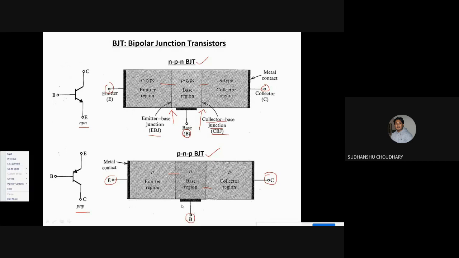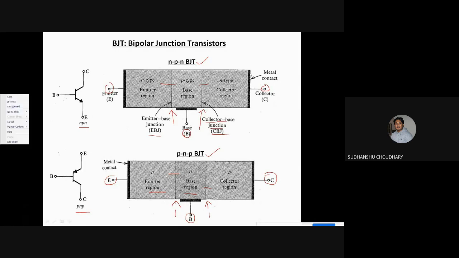Similarly, in a PNP, this junction is again called the emitter base junction, and this junction is called the collector base junction. So two junctions in a BJT: one is the emitter base junction and the other is the collector base junction.